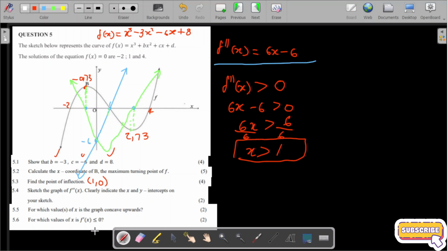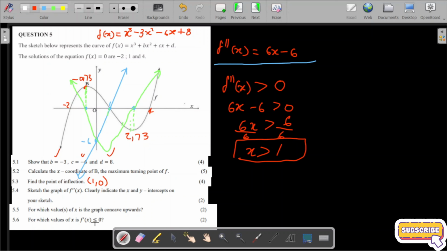Now here they are asking me for which values of x the second derivative will be less than or greater than 0. As you see here, I've drawn this graph, which is going to be my second derivative. Remember, the second derivative of a cubic makes a parabola. Then the x turning points of the cubic make the x-intercepts of the parabola.